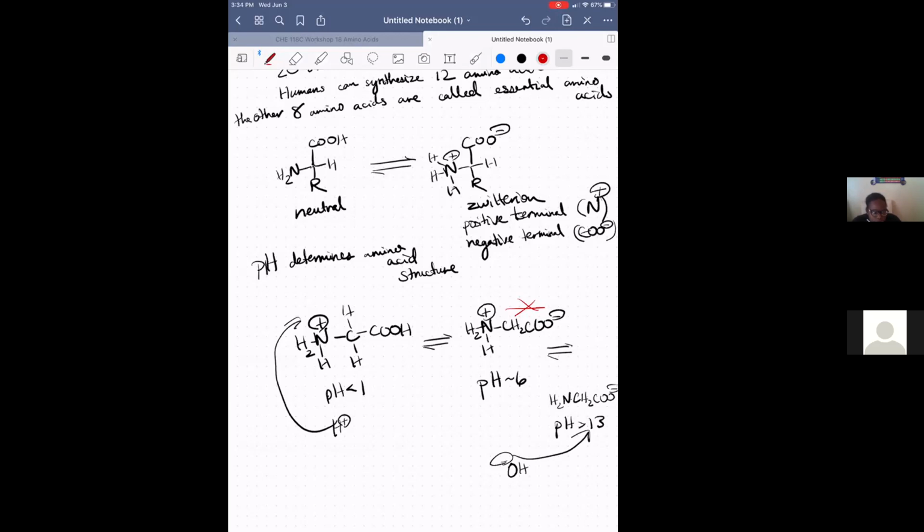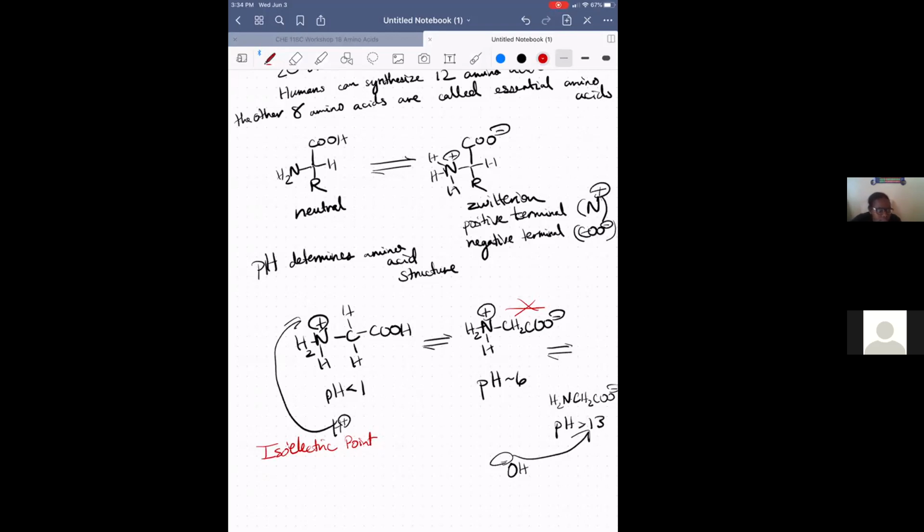Another thing that you'll need to know how to do is to calculate the isoelectric point. The isoelectric point is specific to an amino acid, and it's a neutral pH for each amino acid. It's the pH where the neutral form dominates.